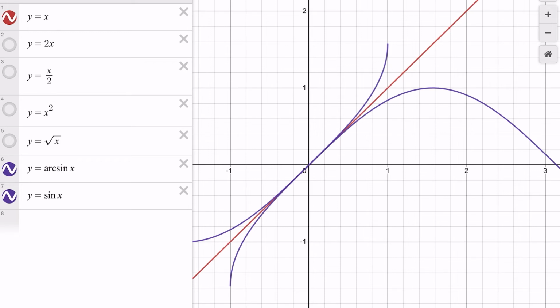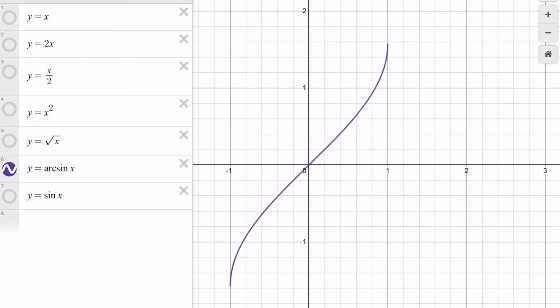Because if we look at that arc sine graph there, it would bend back around and then we'd have two y values for a particular x, and that's a bit of a problem. That would no longer be a function. So we have to restrict the domain of the sine graph to be able to find the inverse function arc sine. But that's how inverse functions work. They're just the x and y values interchanged.